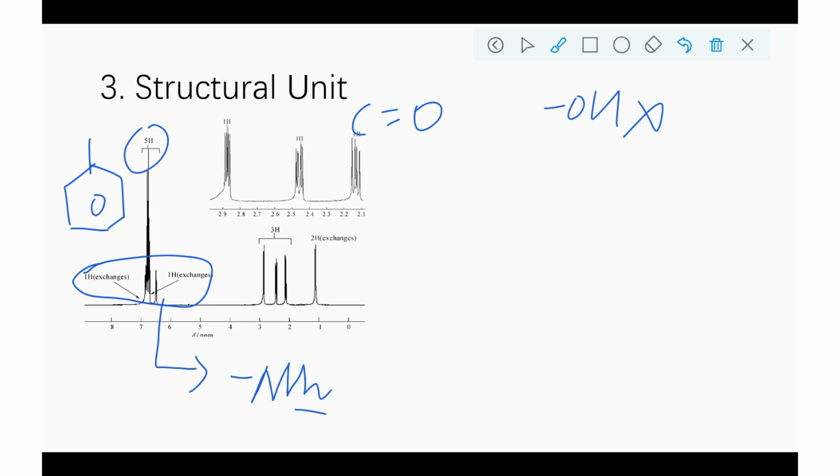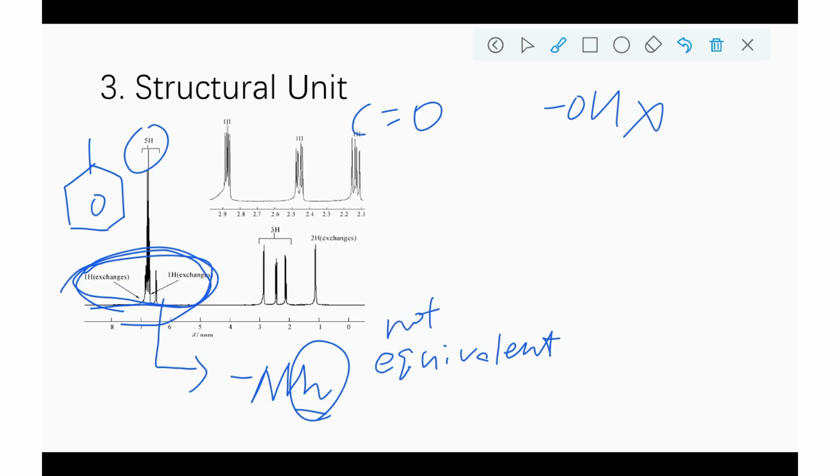But normally, because these 2 hydrogens are attached to the same nitrogen atom, they are supposed to be equivalent, so they're not supposed to be separated in a graph. But now we can see 2 peaks of the 2 hydrogen, which means they are not equivalent. And that is likely to be caused by a chiral carbon, which means the amine group is attached to a chiral carbon, and the chiral carbon is causing the 2 hydrogens to separate.